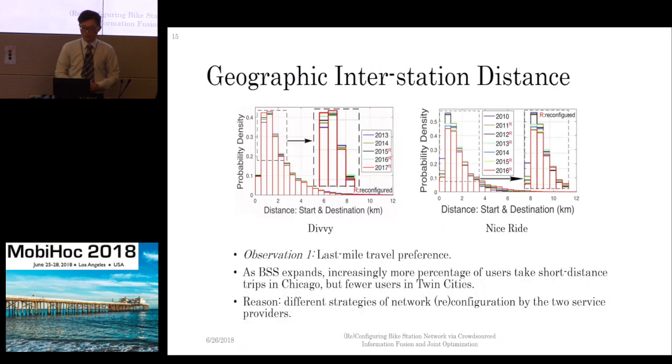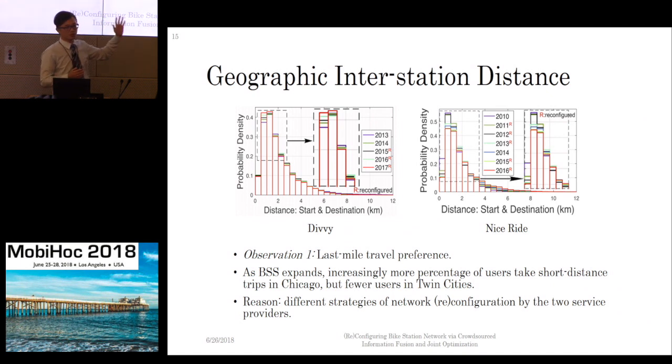Besides the usage and trip tendency, we also study the mutual distance in order to model the relationship between the trip and the bike-sharing network density. We show the travel preferences of the bike-sharing service users, and we can see a very obvious and clear last or first mile preference in the travel distance between the station start and the destinations.